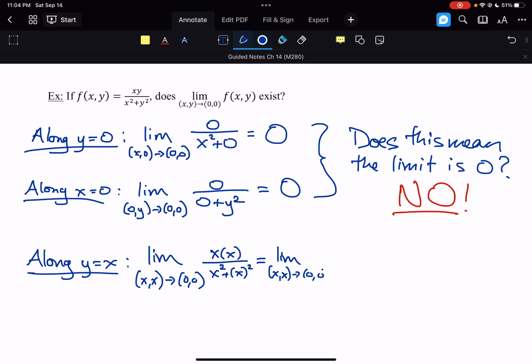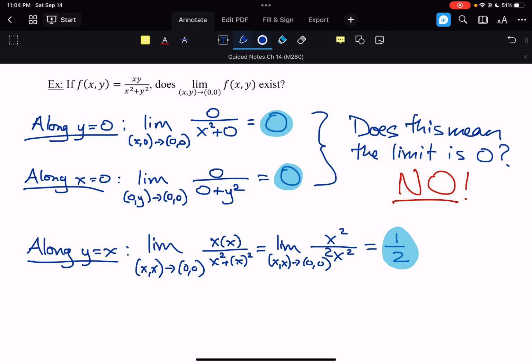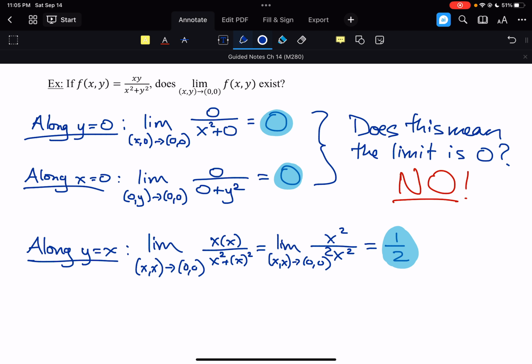So we're going to get x squared over 2x squared, which simplifies to 1/2. So we got a limit of 0, a limit of 0, and then a limit of 1/2. And again, that one path produced a different limit, meaning that this limit does not exist.